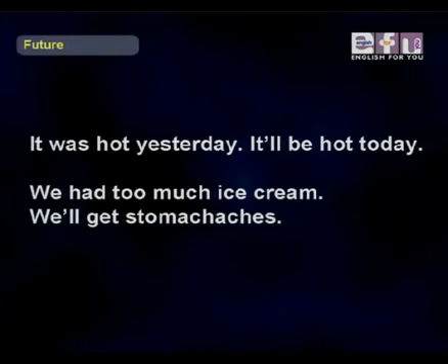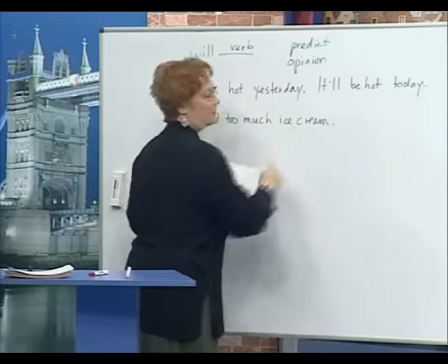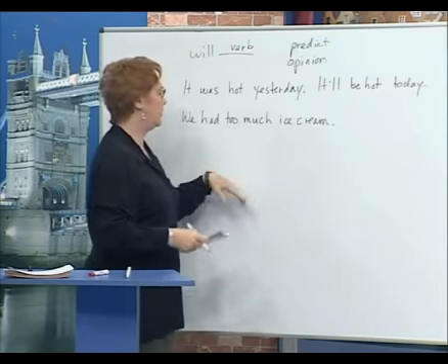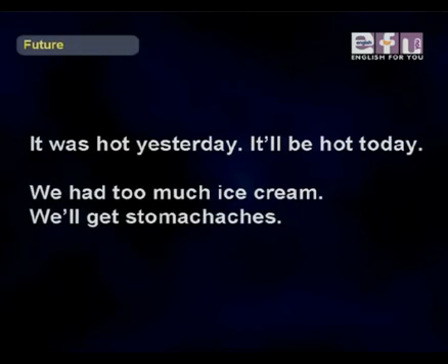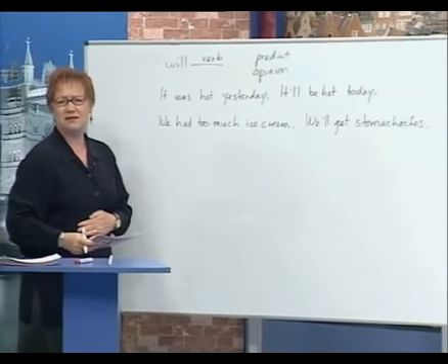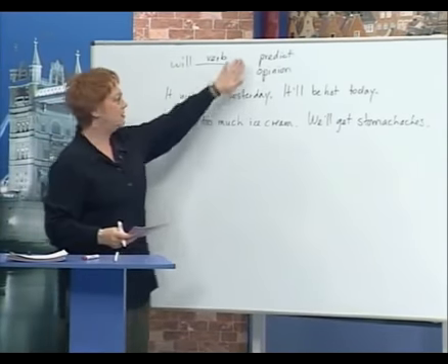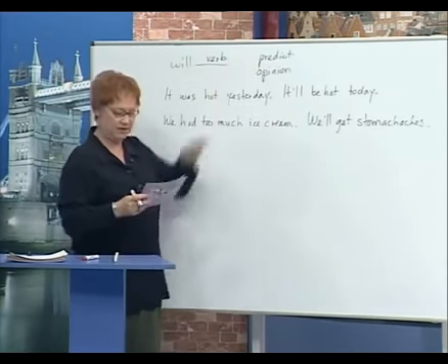We had too much ice cream. It was hot. We had ice cream. We had too much ice cream. We'll get stomach aches. Okay? This is the prediction or the opinion.